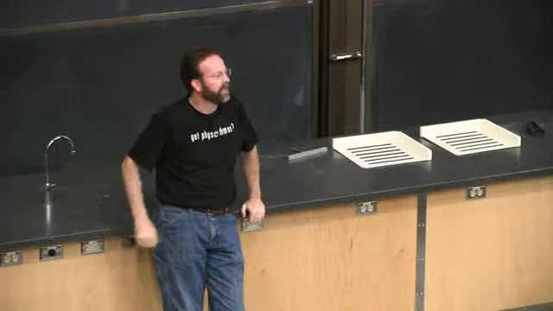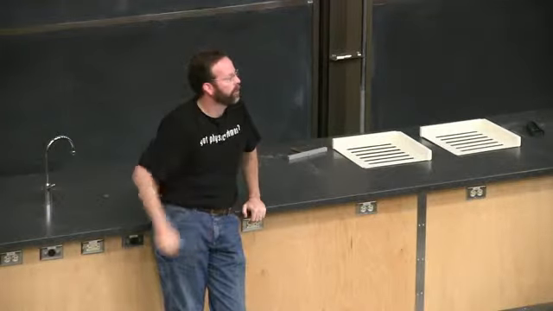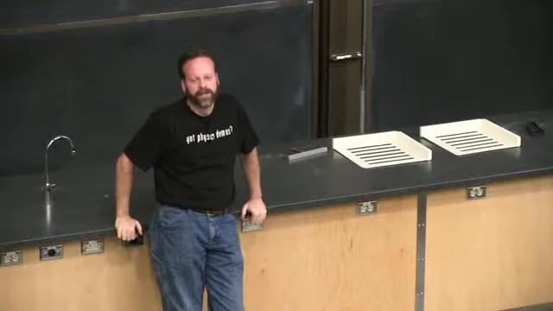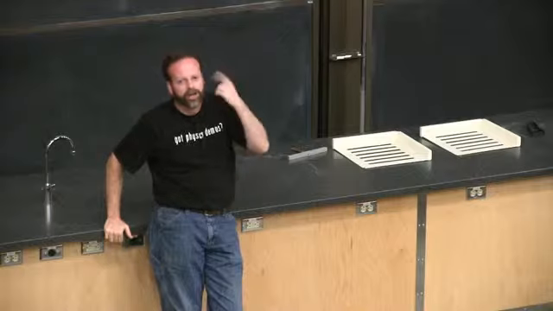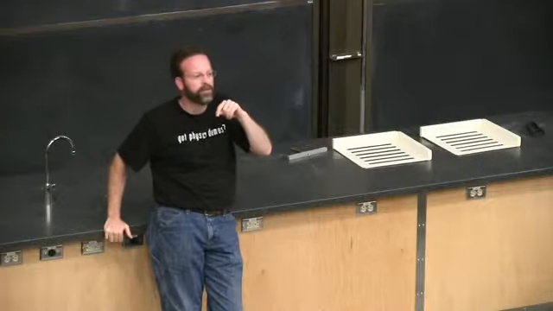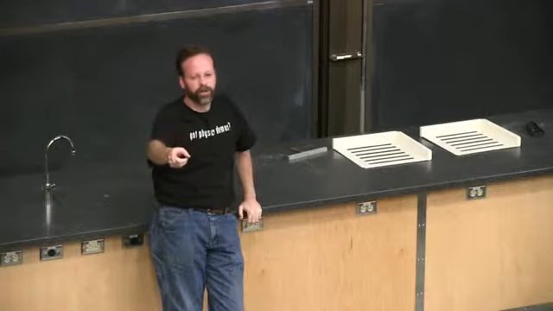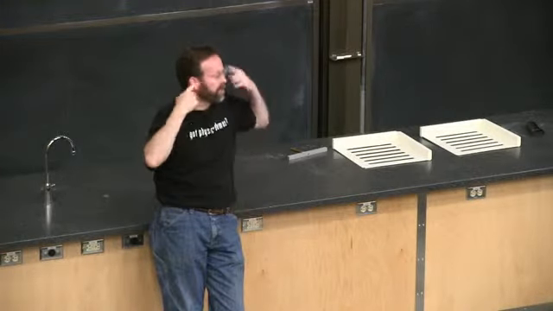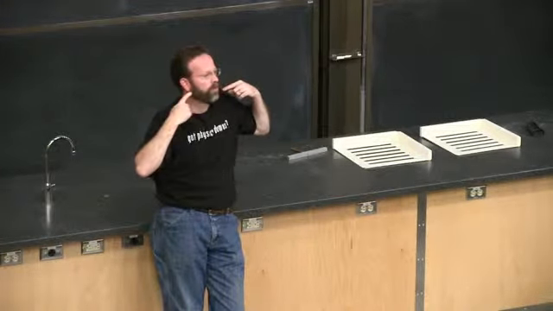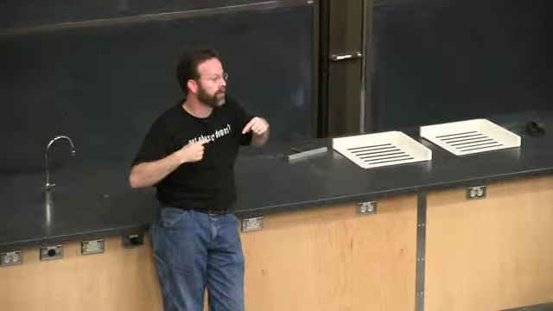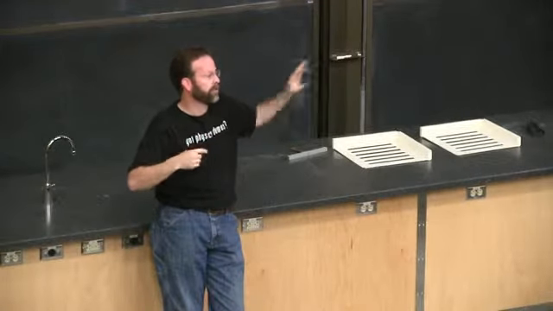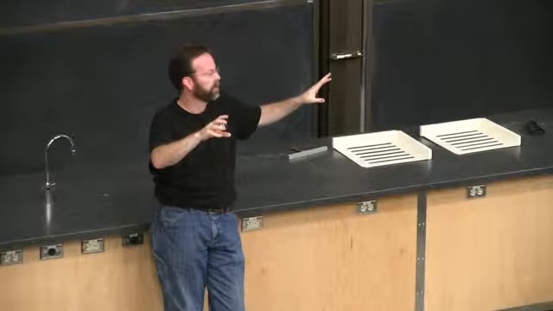A lot of people think I turned up the volume. I didn't. I just passed through different frequencies. Our ears respond non-linearly. Around 3,000 to 4,000 hertz, we're more receptive. And so they sound louder to us, even though they're the same amplitude as other frequencies.